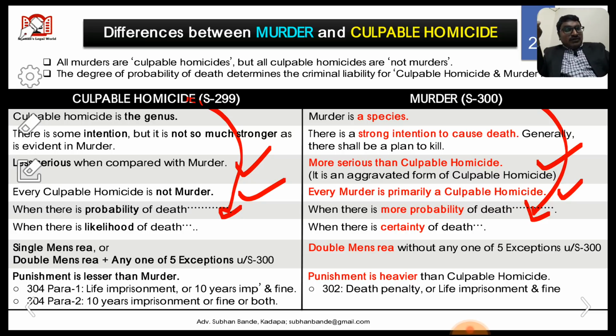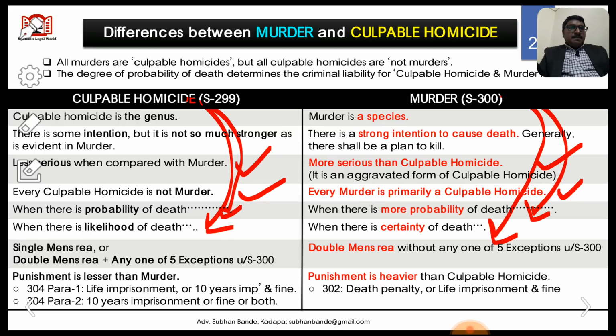When there is likelihood of death, it is culpable homicide. When there is certainty of death, it is murder. Death is certain. Likely to cause death: culpable homicide. Certain to cause death: there is a certainty of death.